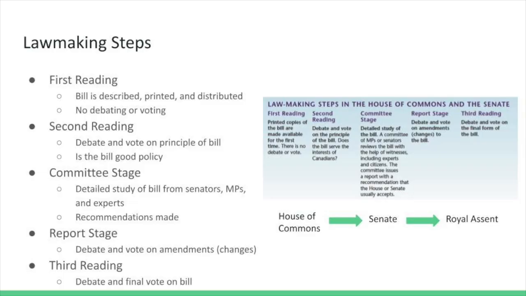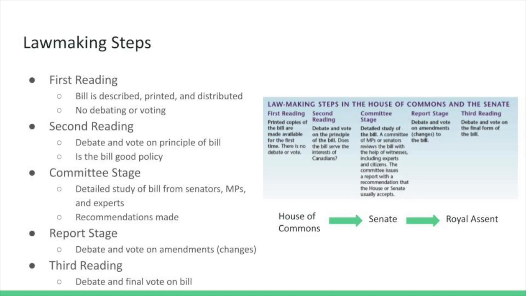Let's go over how a bill becomes a law. First, a cabinet minister or member of parliament proposes a bill. The bill goes through the first reading. It is introduced, but there's no debate that happens here. During the second reading, MPs debate the bill's main idea and then they vote on it.